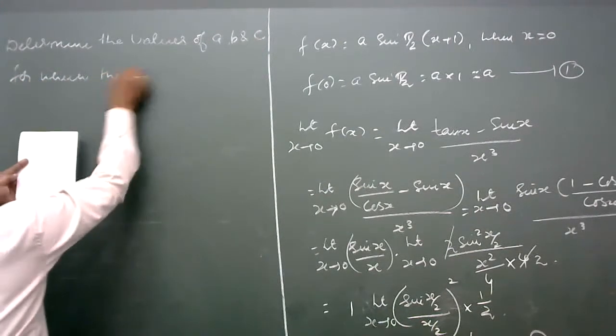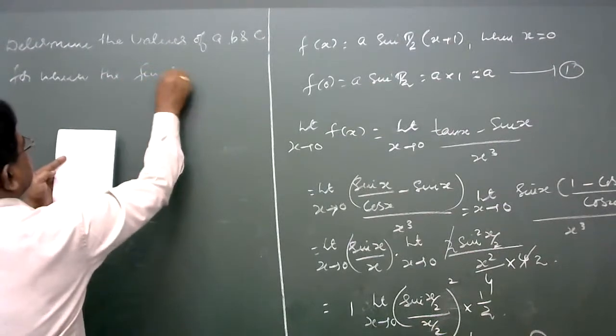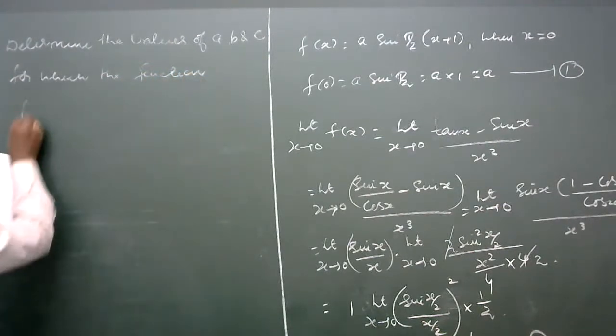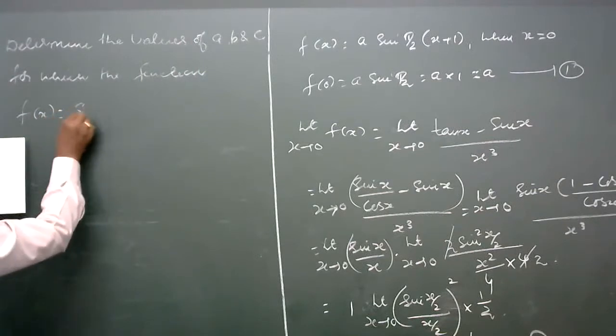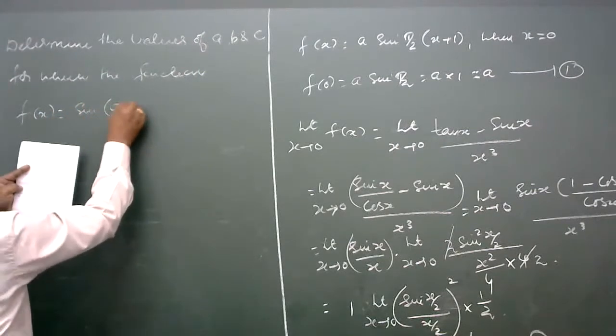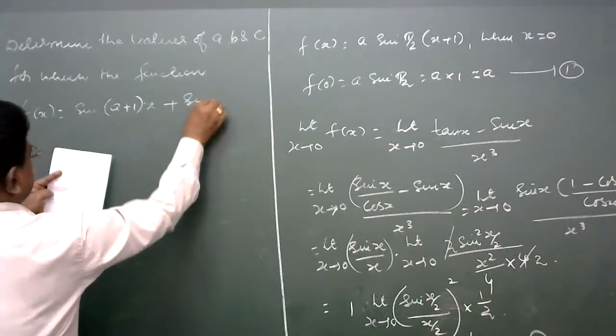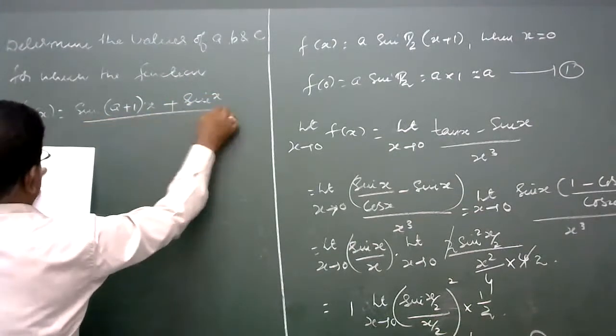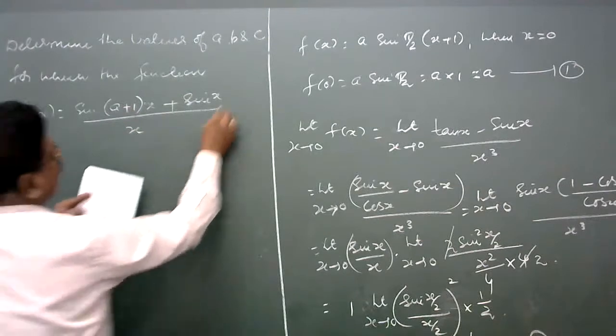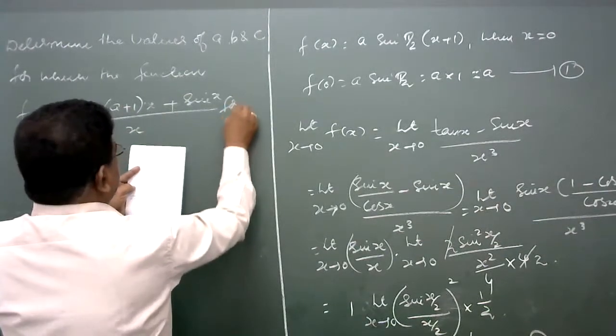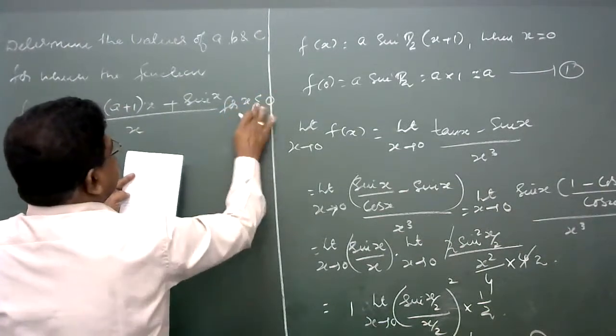the function f of x is equal to sin of (A plus 1)x plus sin x, the whole upon x, for x less than 0.